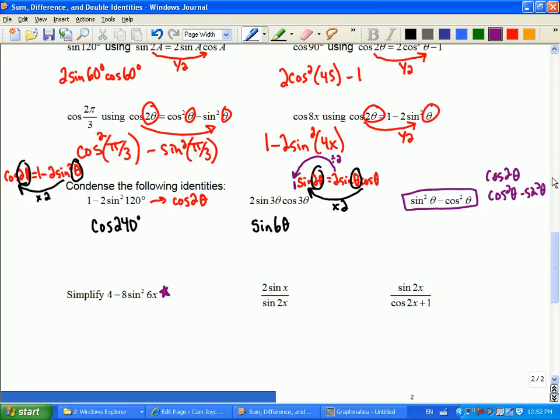Yeah. Multiply by a negative. Yeah, so multiply by -1. So this will be negative cosine of 2 theta. If I multiply by a negative on everyone, then I'm going to end up with negative cosine and positive sine, so I'd get sine squared minus cos squared.